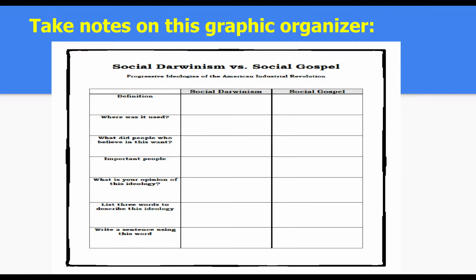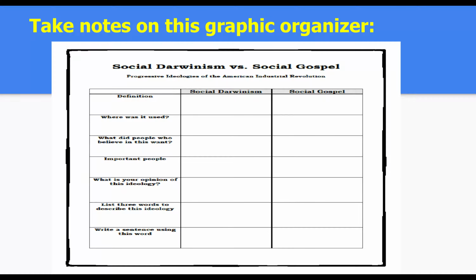So as we go, make sure to take notes on this graphic organizer. You can see there are two columns: social Darwinism and social gospel. On the left, under social Darwinism, you are going to tell me the definition of that term. Where was it used? What did people who believed in social Darwinism want? Who were the important people in this movement?